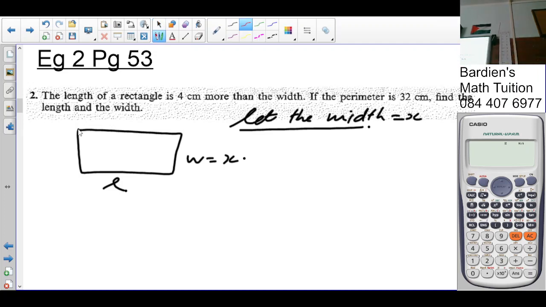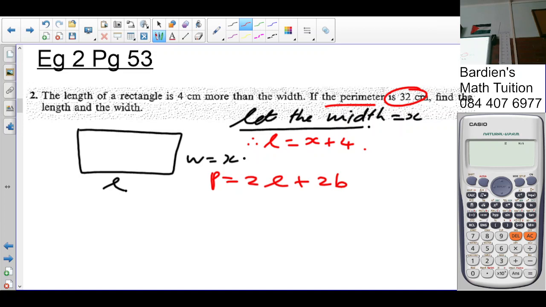So, if the length of the rectangle is 4 more than the width, then what would the length be? Length is going to be x plus 4. We are given the perimeter. How do you calculate the perimeter of a rectangle? Now that is the area of a rectangle. Two length plus 2 breadth.